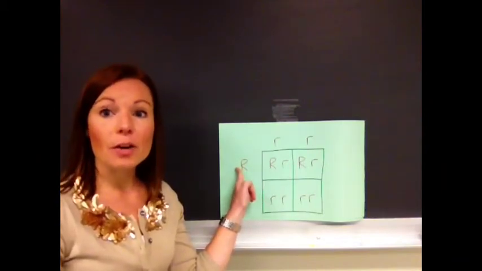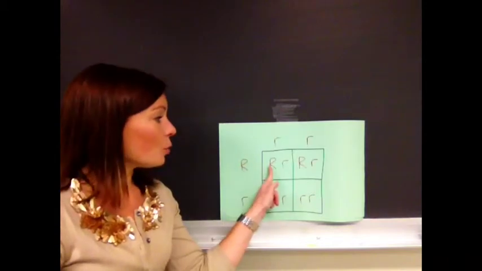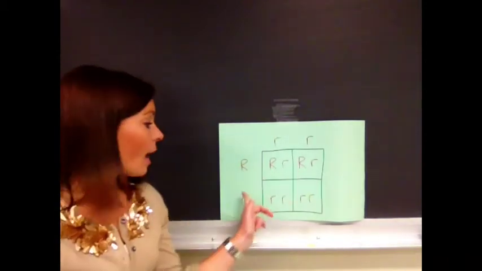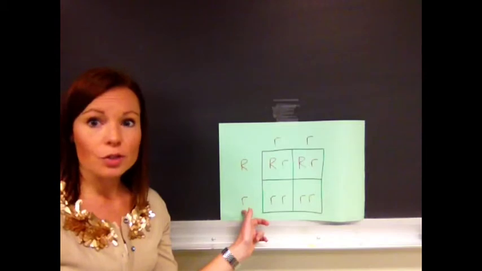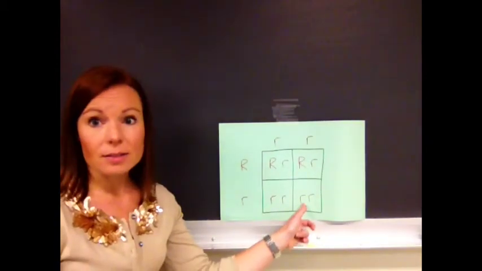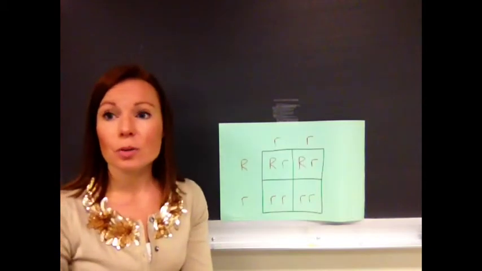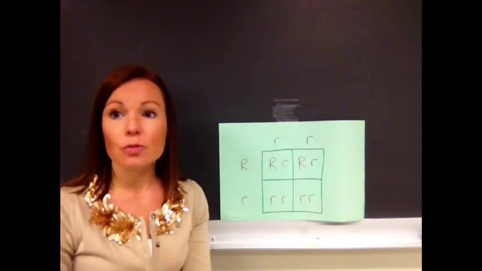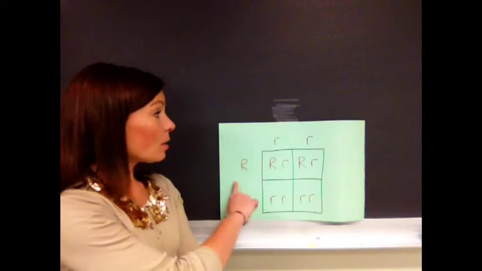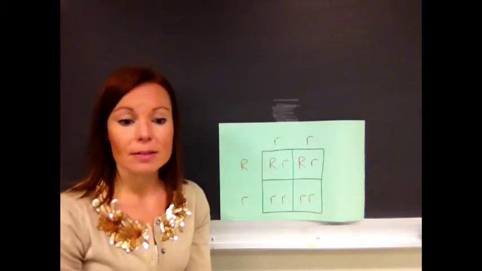So this capital letter R is moved over into these two boxes, and the lowercase r is moved into these two boxes. Now you have the completed Punnett square. So this shows you the potential offspring that could result by mating these two plants.